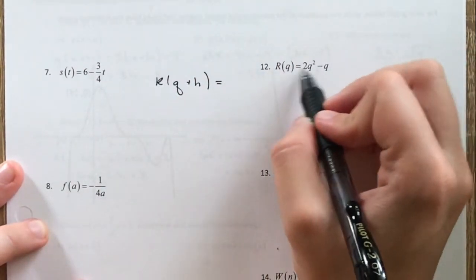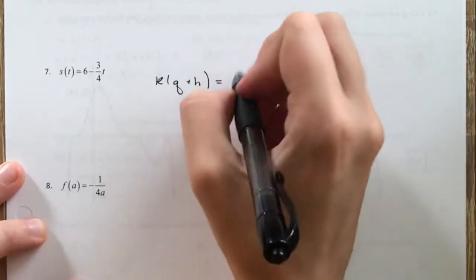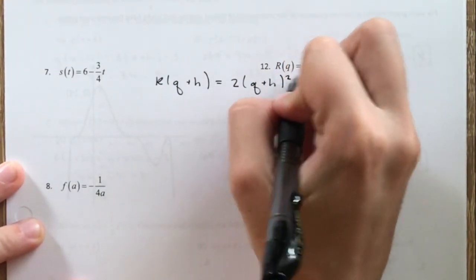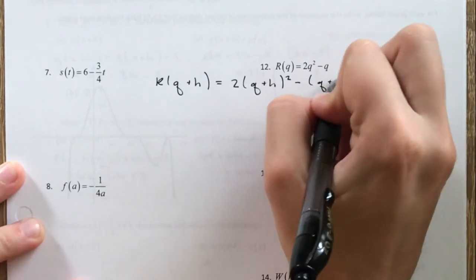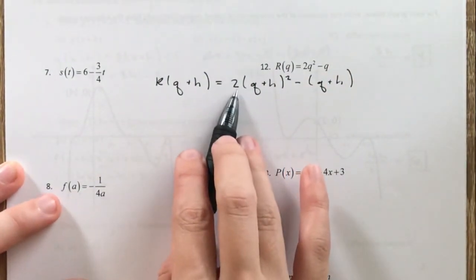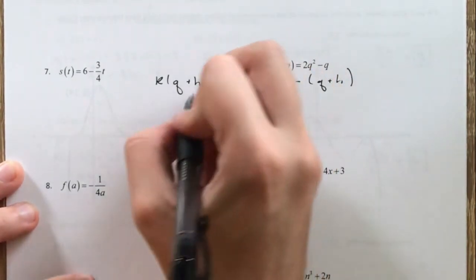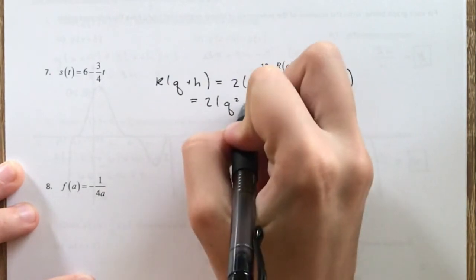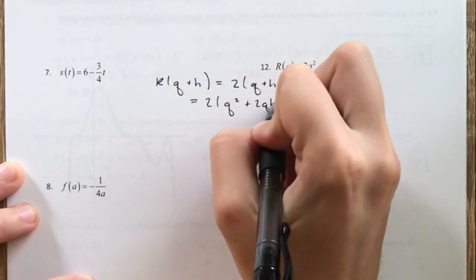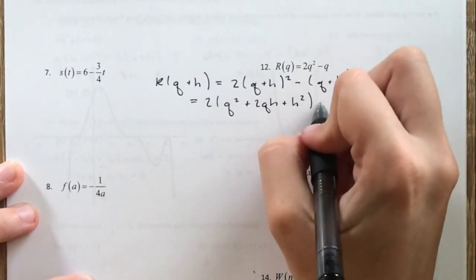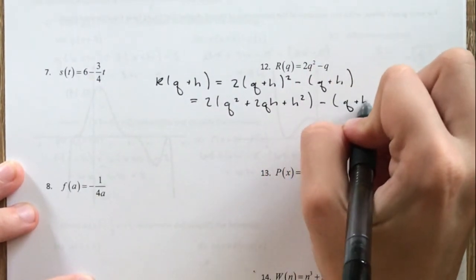We're replacing q with q plus h everywhere there's a q, so we have 2 times (q plus h) squared minus (q plus h). (q plus h) squared gives us q squared plus 2qh plus h squared, minus q plus h.